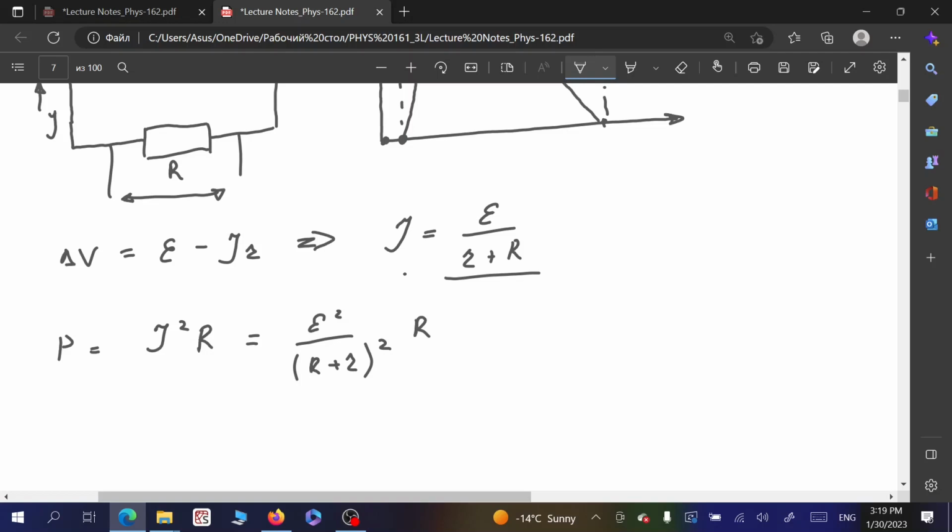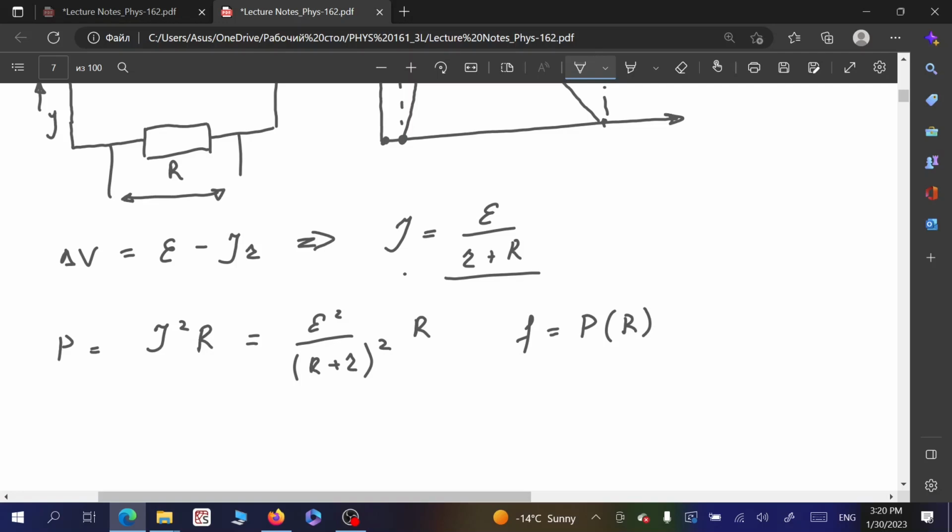Taking into account this condition, we can determine the magnitude of the independent variable when the function reaches the maximum. Here our function is power as a function of load resistance. So we need to take the first derivative of this function over the load resistor and set it to 0.